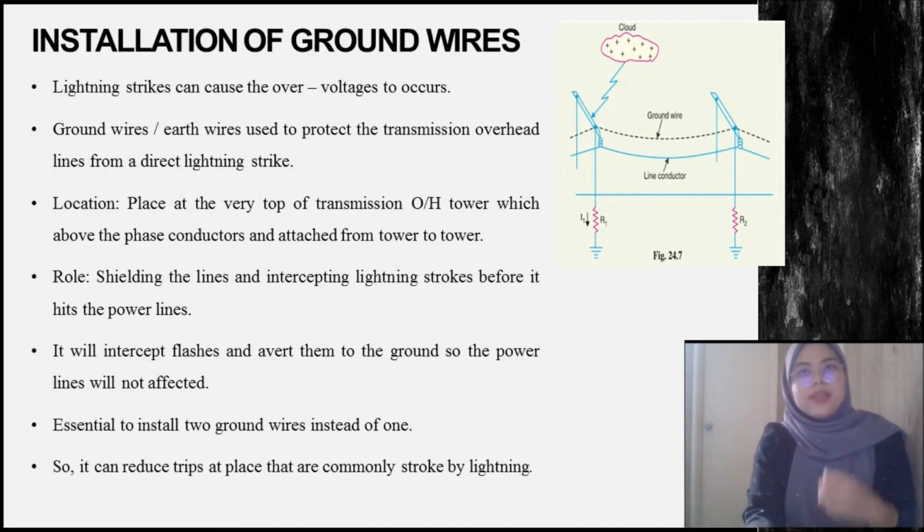Okay, for better protection, it is essential to install 2 ground wires instead of 1. This method, besides providing protection, can also be a solution to reduce trips at places commonly struck by lightning.